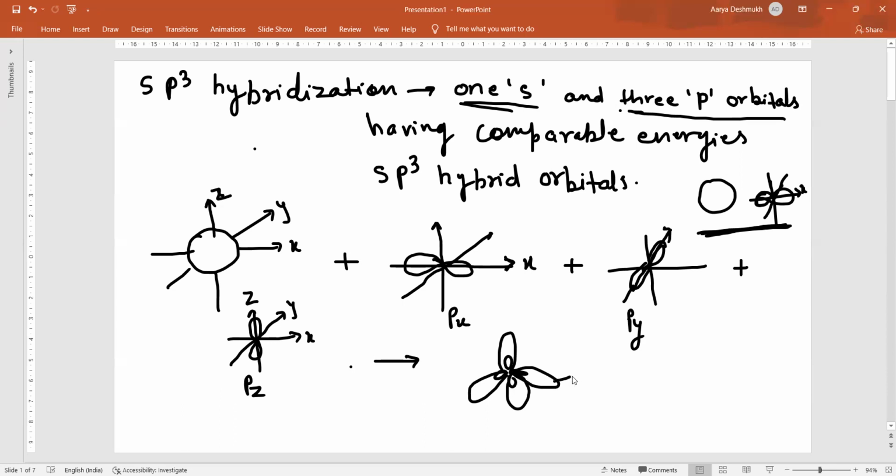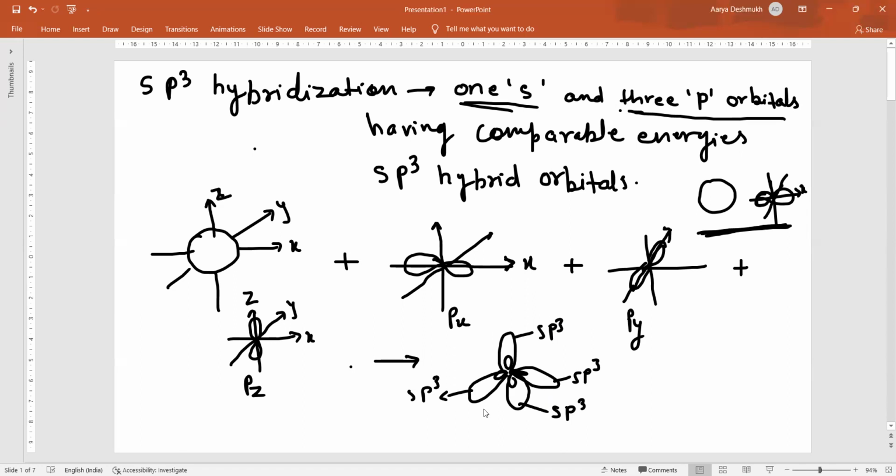Each of these is an sp3 hybrid. So in total, four hybrid orbitals are formed on mixing of one s and three p atomic orbitals.